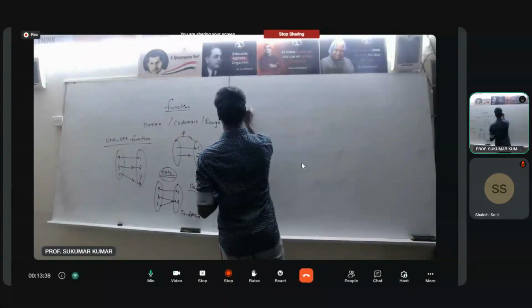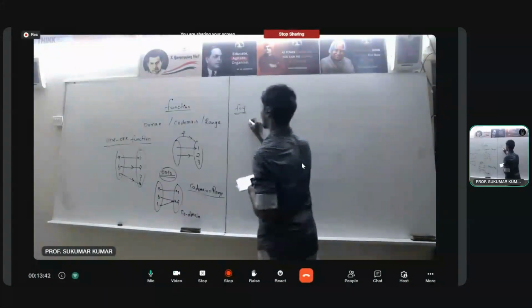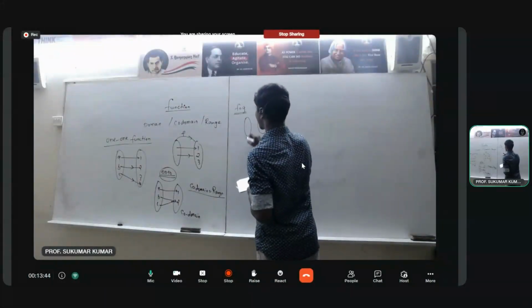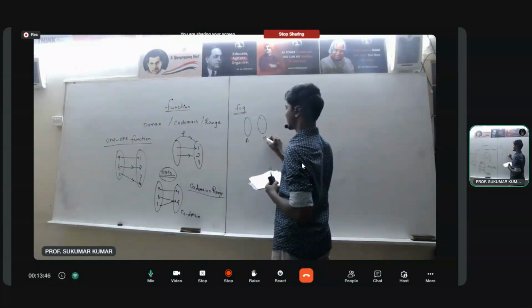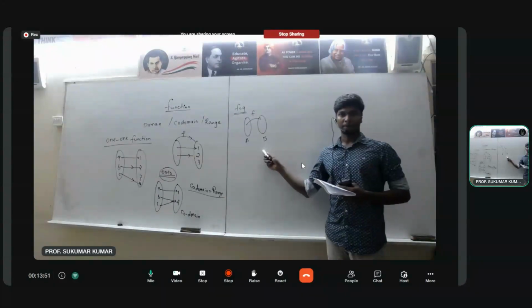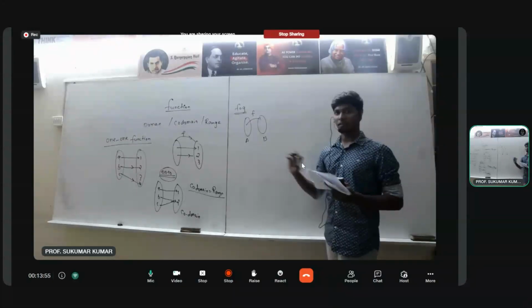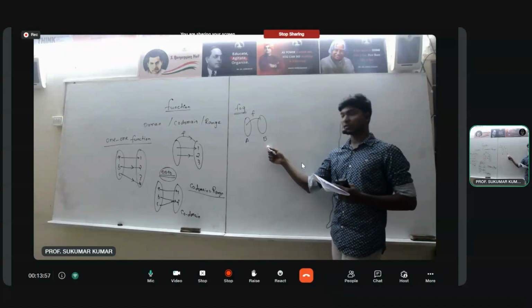Then f composition g functions, sometimes they'll ask. Take a function from A to B set, where A acts as the domain and B acts as the codomain.